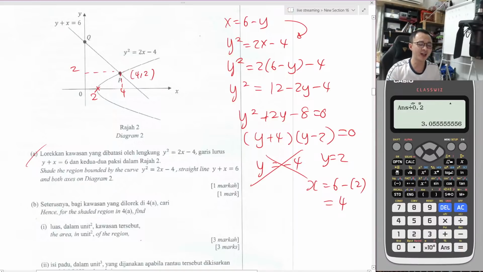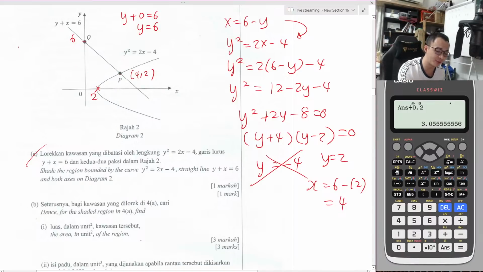Then I want to find the coordinate of Q. We just make x equals 0, so y equals 6. This is all the information I need.